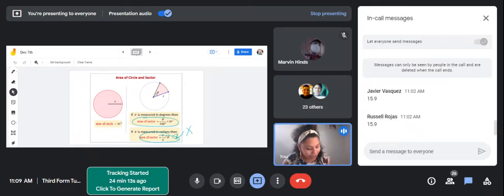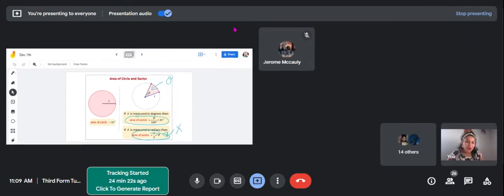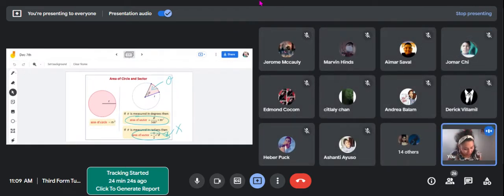So who can tell me, what do we call this symbol? Radius? Diameter? No, no. This one right here. Circumference? No, no. This symbol right here. Remember, go back. Theta, very good.